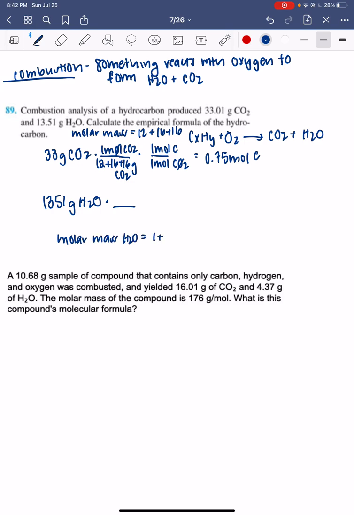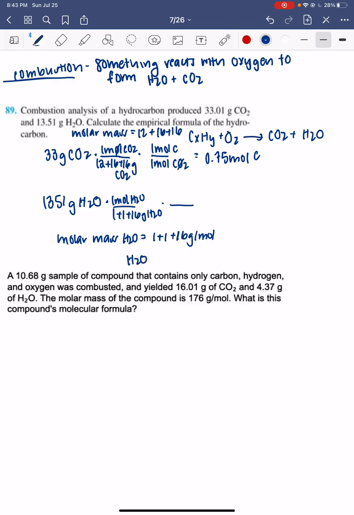For H2O right here, we can do the same thing. The molar mass of H2O is 1 plus 1 plus 16 grams per mole. The hydrogens are the 1s, and then the oxygen is the 16 right there. And then 1 mole of H2O.